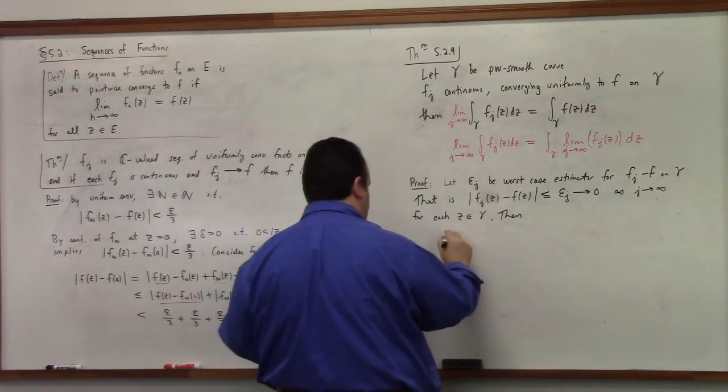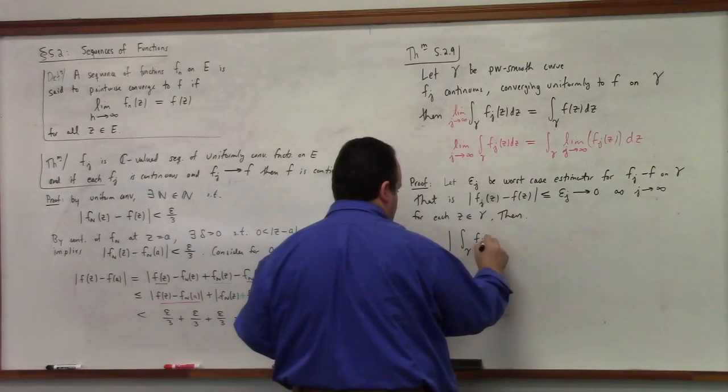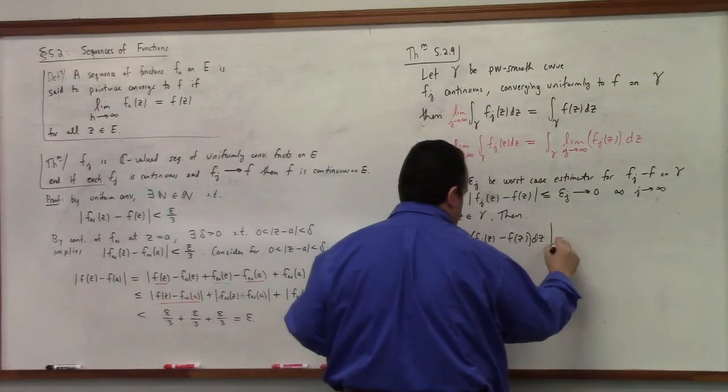Then what do we have? The modulus of the integral over gamma of fj of z minus f of z dz is less than or equal to what?